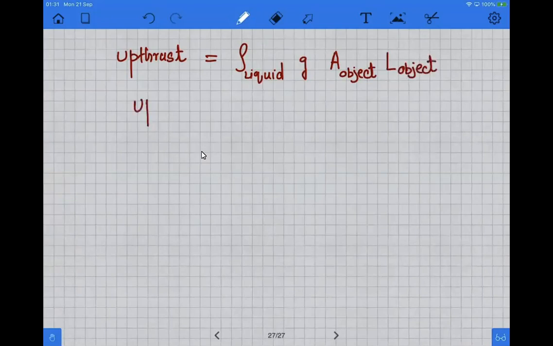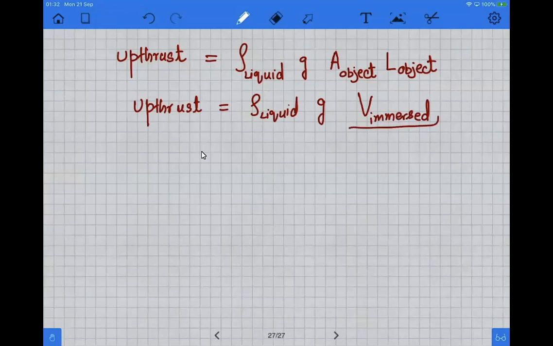So upthrust can also be written as the density of the liquid into acceleration due to gravity into volume of the object that is immersed. Here one thing is important. One important factor that we need to understand is that immersed volume is generally equal to the volume of the object.